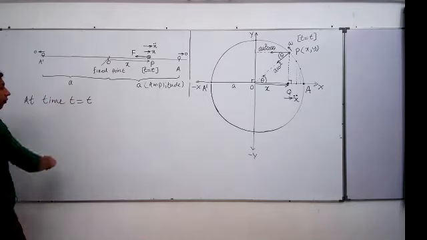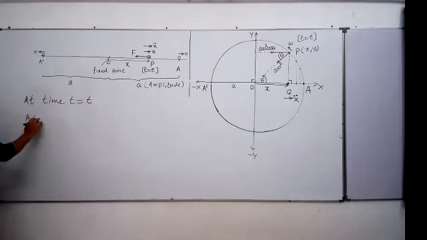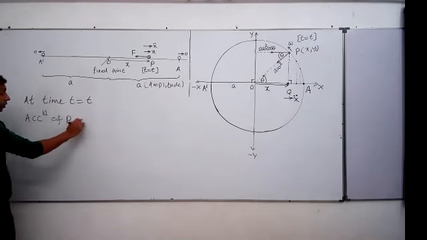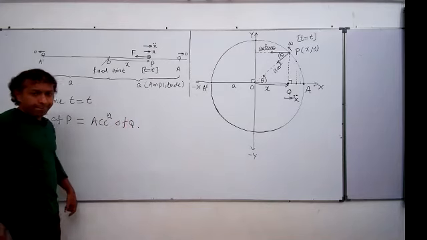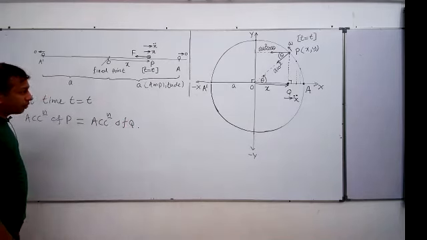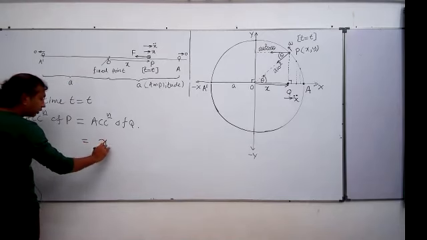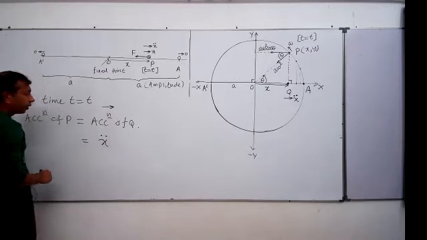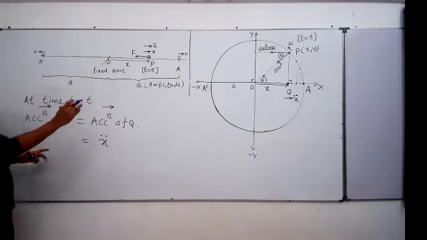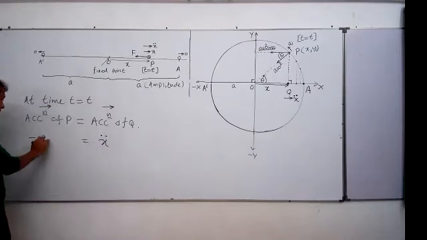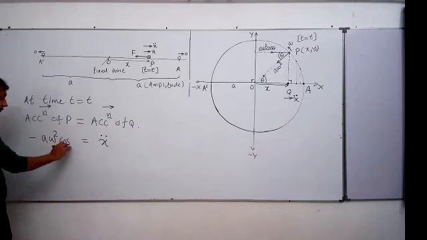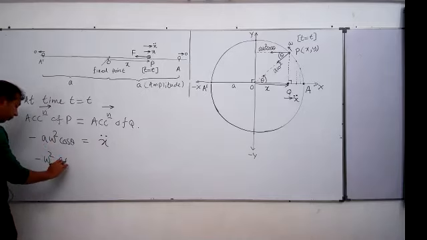Acceleration of P should be equal to acceleration of Q. Acceleration of Q, in the rightward direction, is x double dot. Here, a omega squared cos theta is acting leftward. So therefore, that must be minus a omega squared cos theta. This one you can write as minus omega squared a cos theta.